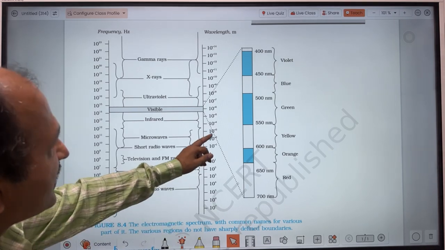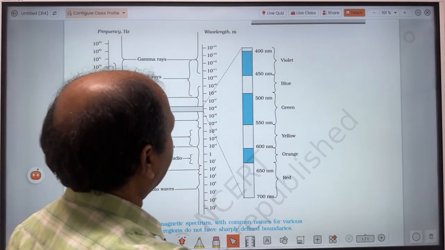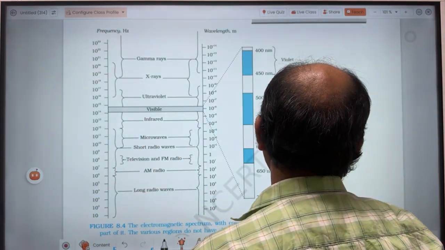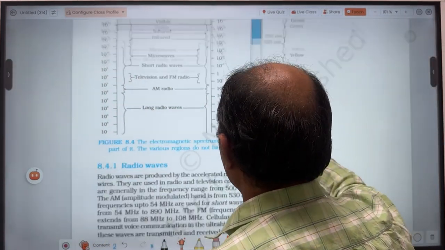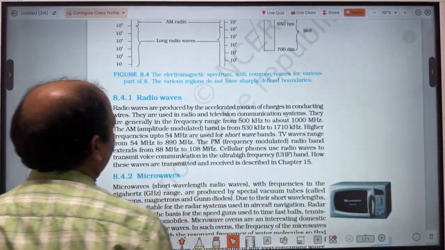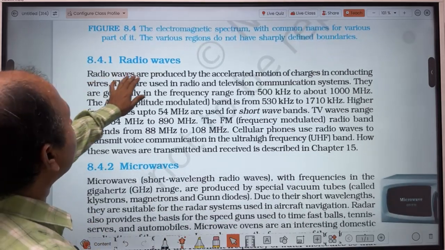Right? Here the spectrum of visible light is analyzed in violet, blue, green, yellow, orange, red, etc. Right? Now some properties of different types of waves are given.